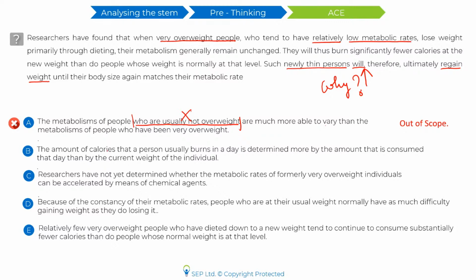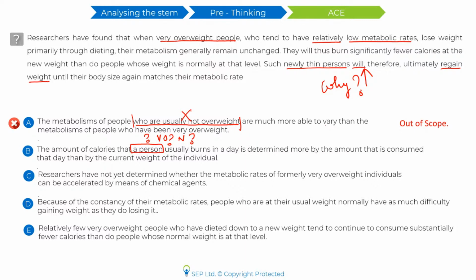The amount of calories that a person, now a person means which person? Very overweight, normal, what? I don't know. This is a general idea, and I don't know whether I can apply it to these newly thin people or not. So, whatever B says, I don't know if that is going to hold true for the newly thin persons or not.